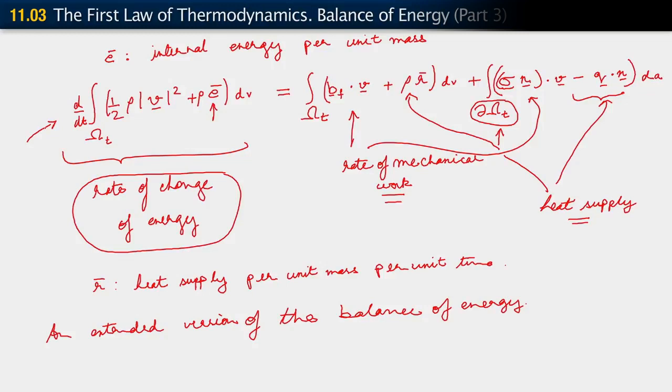We know how to treat that term. Then we have to do something with the boundary terms, and that boundary term is ready for the application of the Gauss divergence theorem.